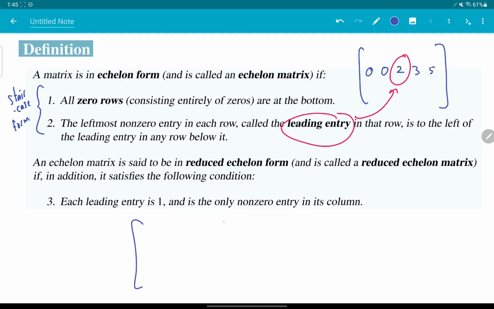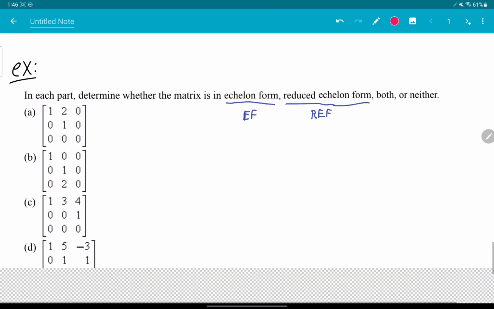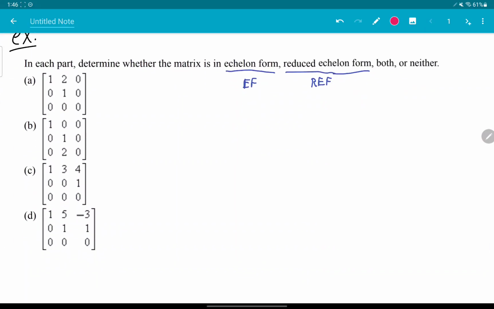Okay, so the matrix, if it's an echelon form, is going to have what I would say is a staircase format. So what I mean is that when you draw this red line to encompass the leading entries, you're going to get a staircase there. Okay, so the first one here has a staircase format.